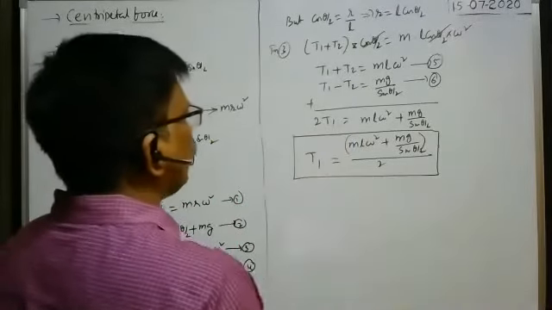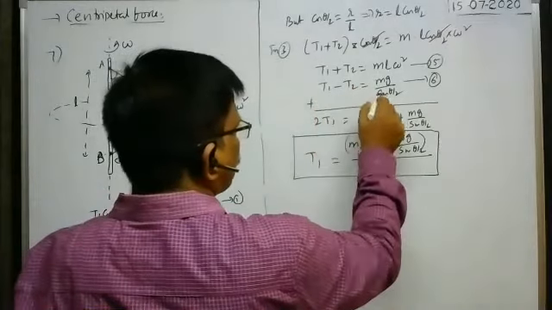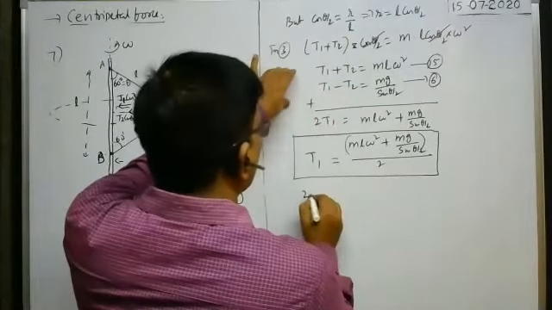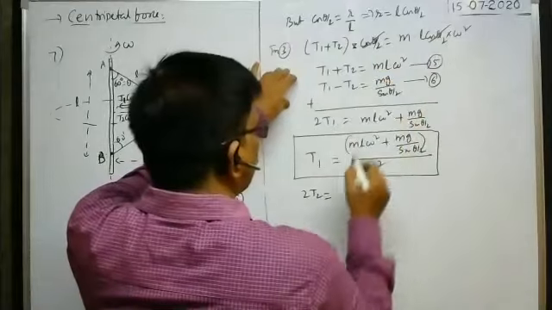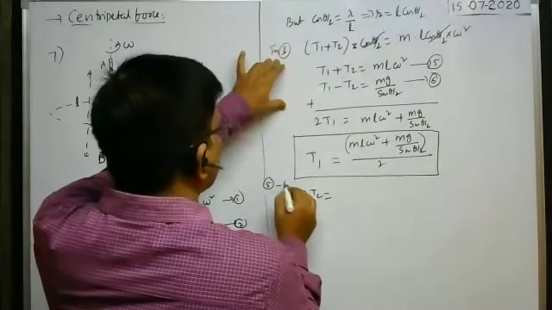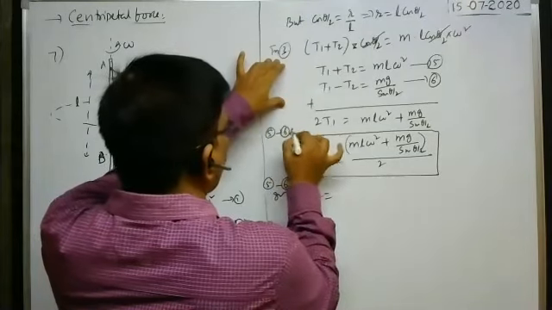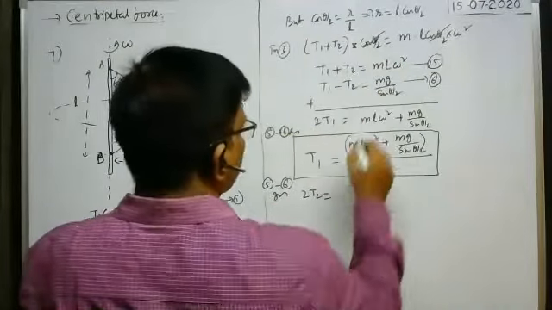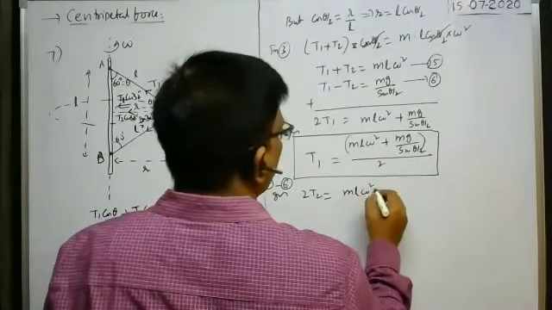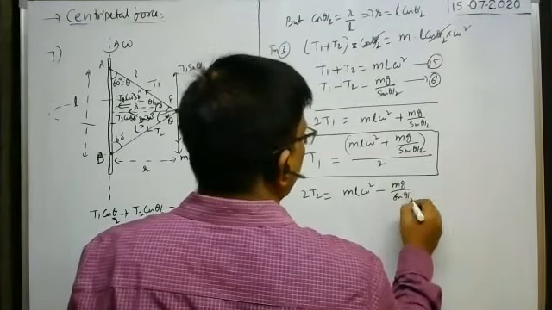Next, what about the T2 value? To obtain the T2 value, you subtract the two equations. Then 2T2 is equal to this minus this, as T1 will be cancelled. So 2T2 is equal to m L omega square minus mg by sin theta by 2.